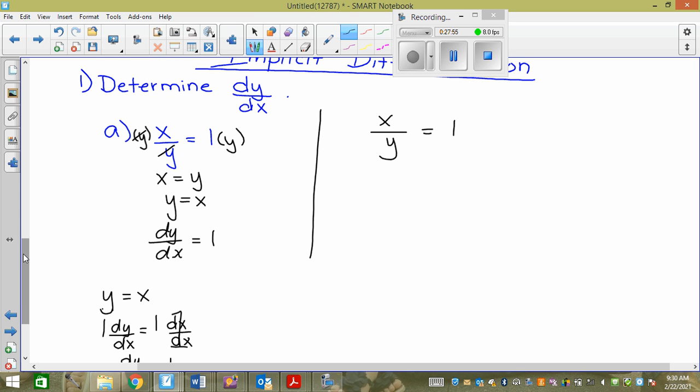Okay. So on the left side, we have two things divided. So what do we have to do when we have two things divided and we want to find the derivative of them? What rule? Quotient rule. So we have to go f prime times g minus g prime times f over g squared. Correct? When it's a monomial on the bottom, instead of doing quotient rule, what could we do?